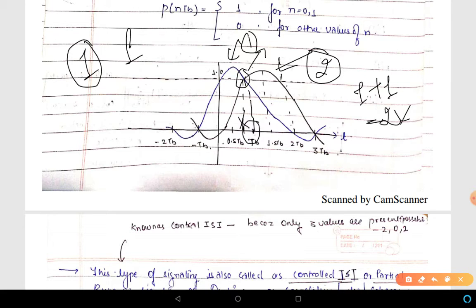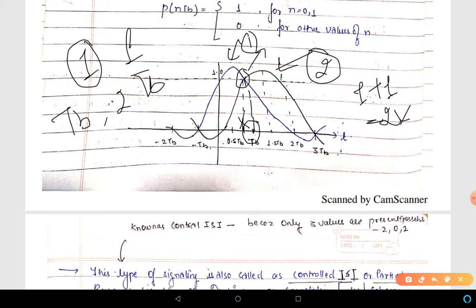My sample value is 2 volt because my sampling instant will remain the same, that is TB, 2TB. So at these sampling instants again I am suffering from interference. You may ask why this interference will not affect the proper detection at the receiver. Your concern is right.